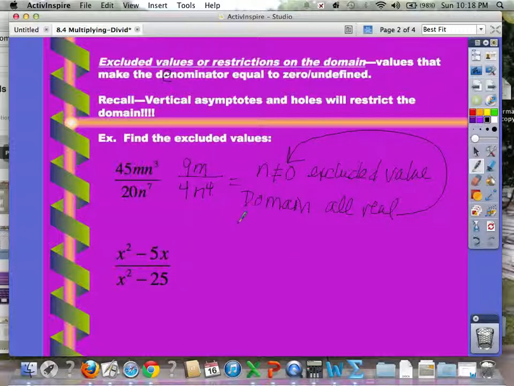On the second example, we have a factoring problem that we need to simplify first. So I can take an x out of the top, and that'll leave me with x minus 5. On the bottom, that is a difference of squares.